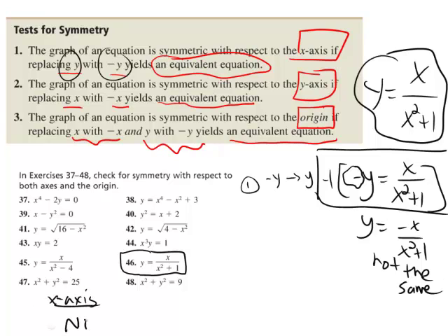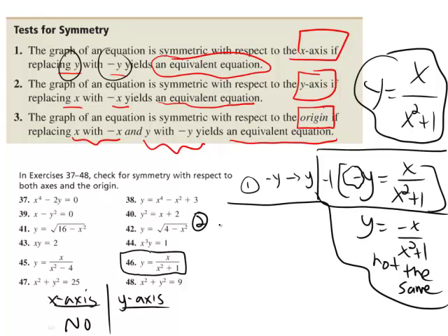So that's a no to x-axis symmetry. For y-axis symmetry, we're going to replace x with negative x. Negative x replaces x. See if you get the same thing back out. So when I want to put an x, I put a negative x. When I want to put an x down here, I put a negative x.